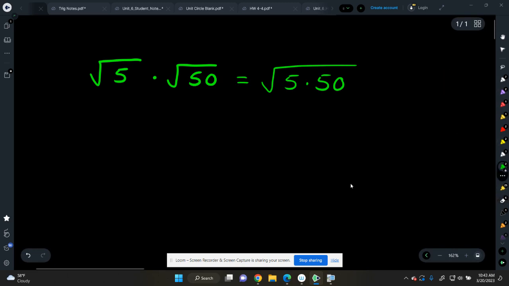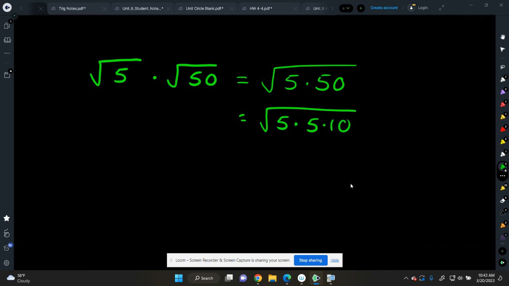So at this point, we're going to factor down the 50. So we're going to do 5 times 10. And then what do we do with that? Okay.